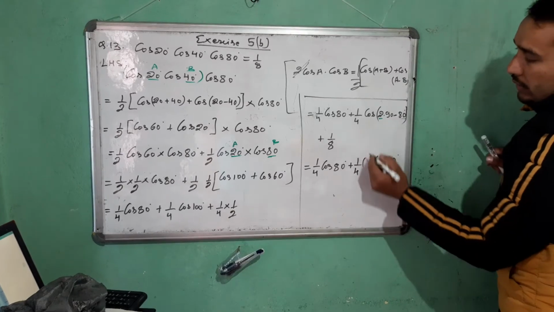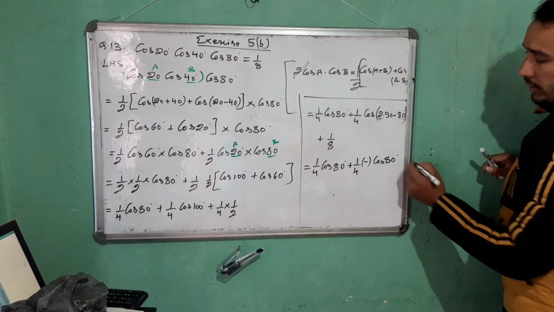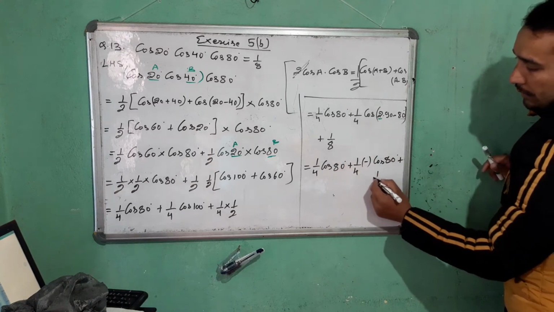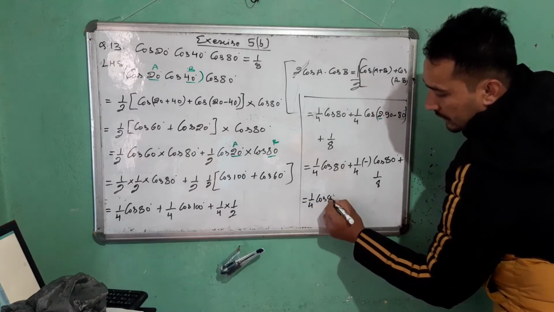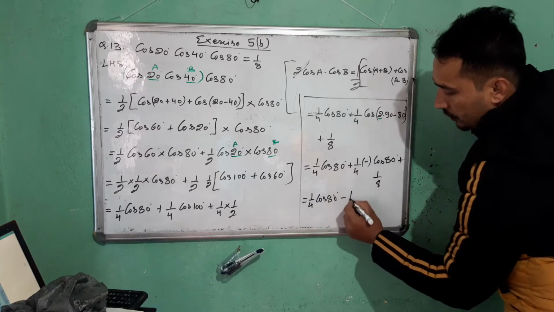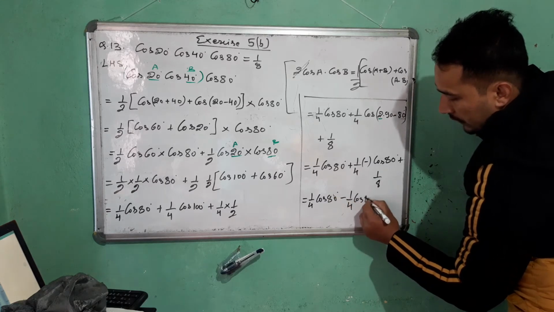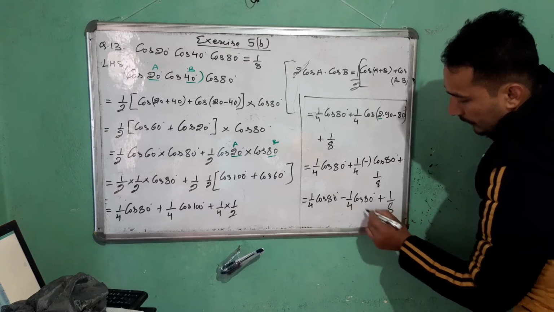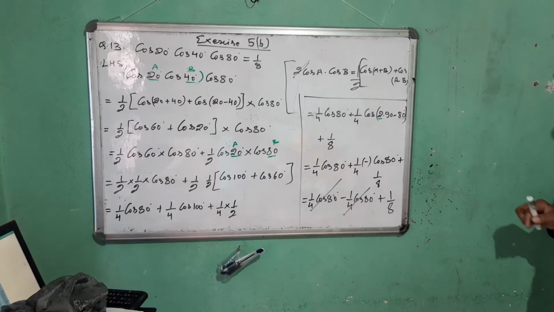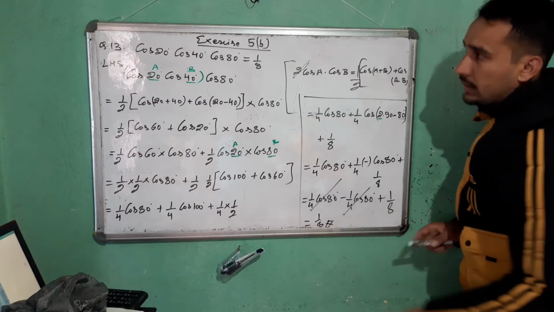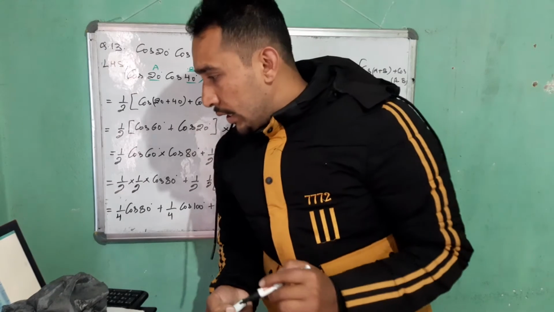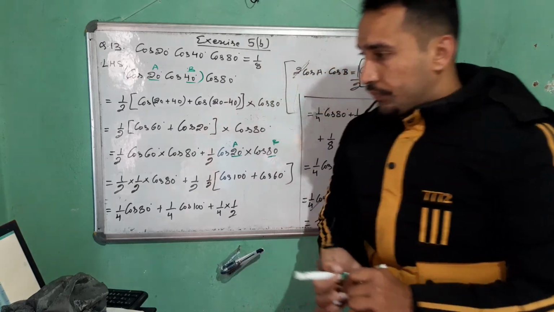In the second quadrant cos theta is negative, so negative will be here, plus 1 by 8. So 1 by 4 cos 80 degree plus minus 1 by 4 cos 80 degree plus 1 by 8. This and this you can cancel together. 1 by 8, proved RHS. So in this way you have to do.